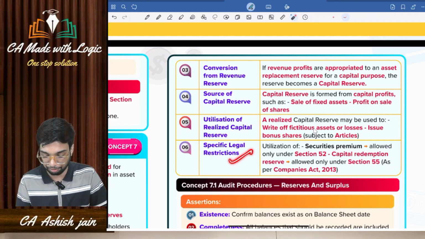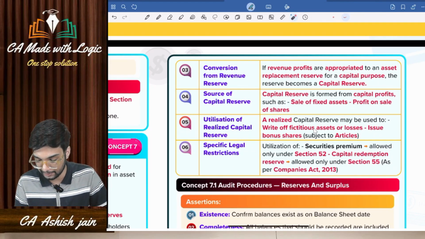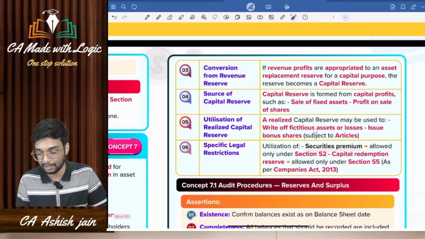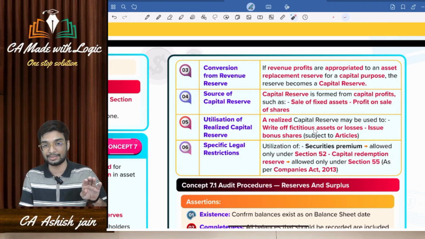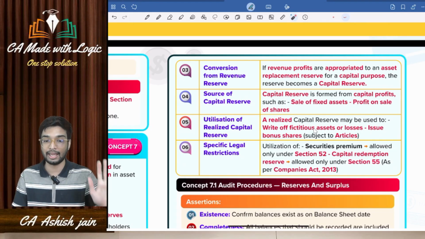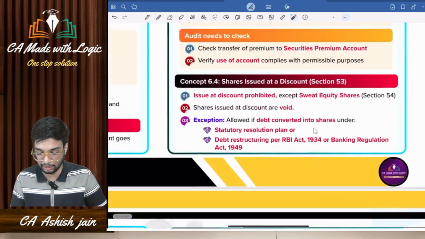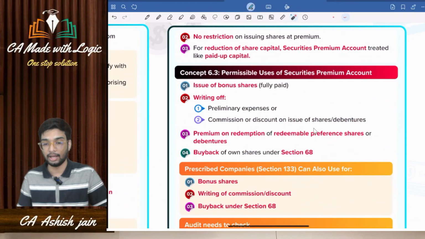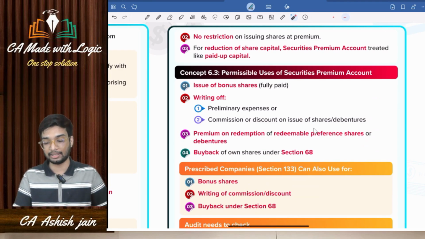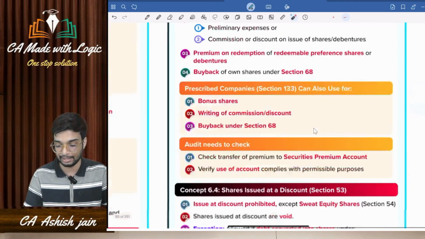Then comes a specific legal restriction which we have already seen. For securities premium there are prescribed things. Under only 4 circumstances, for 4 purposes, can the securities premium balance be utilized.